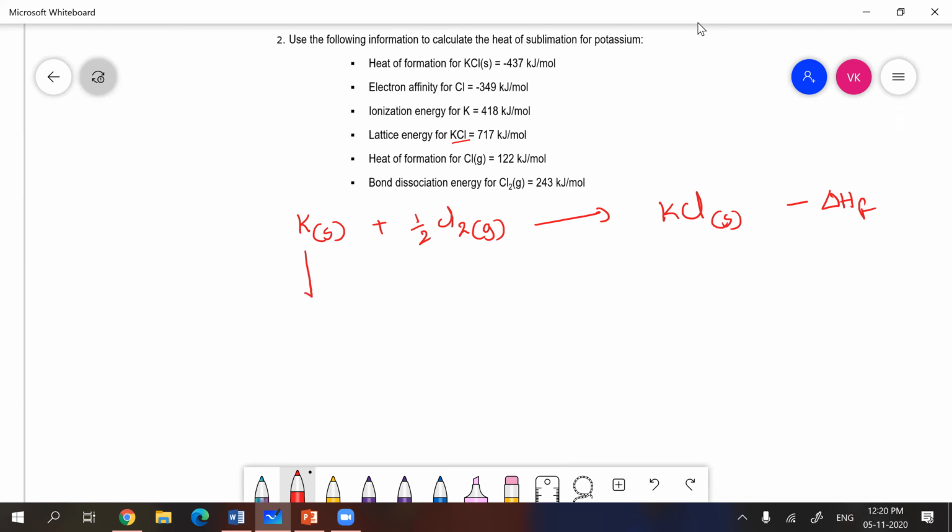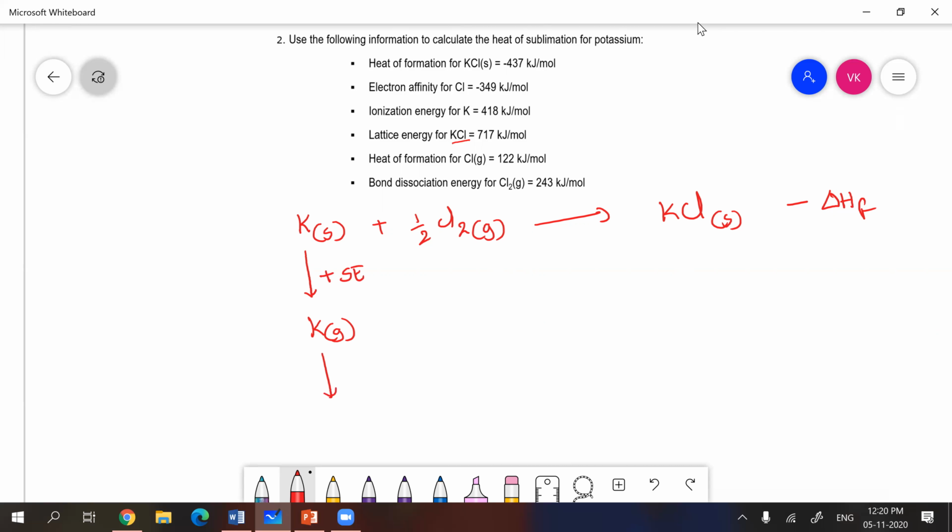Now, in order to get lattice energy, first you have to change them into gaseous ions. How can we change? We can't change directly. First, potassium has to be converted from solid to gaseous state. When it goes from solid to gaseous state, energy is required. That is called sublimation energy.